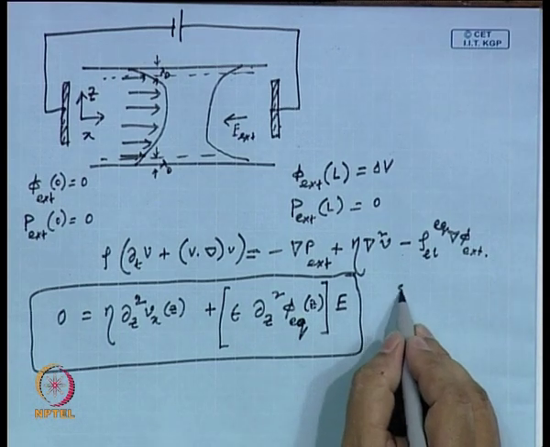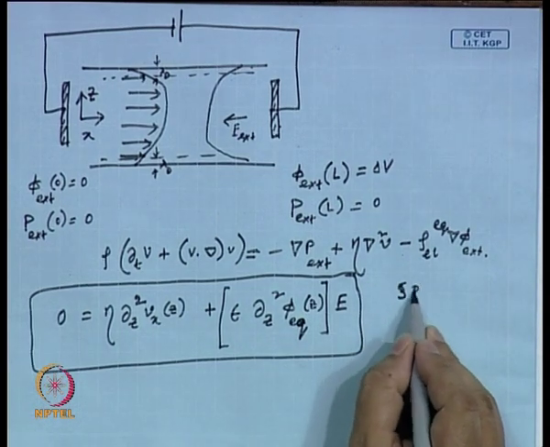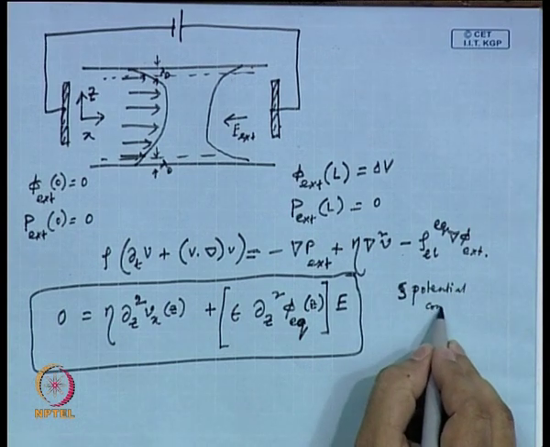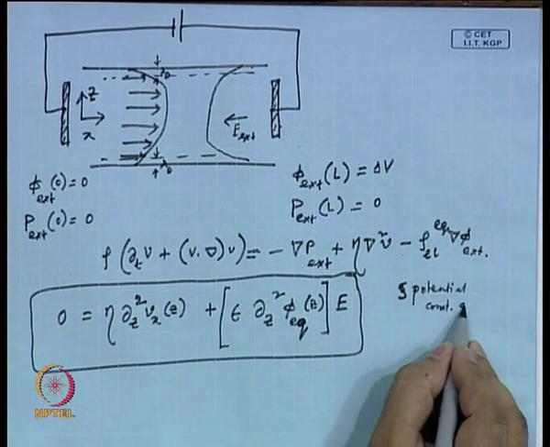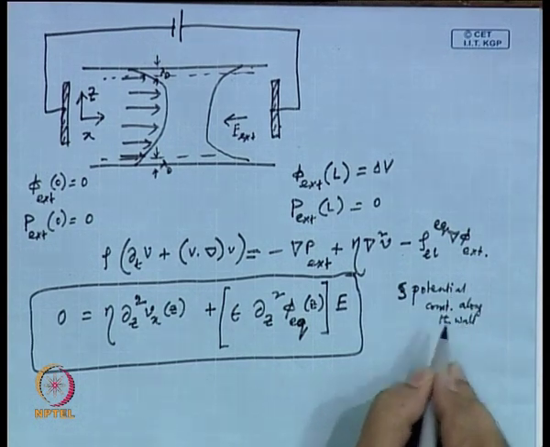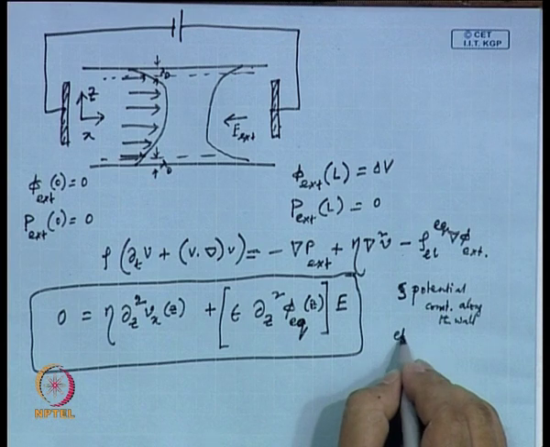Zeta potential is constant along the wall. Electric field is homogeneous.